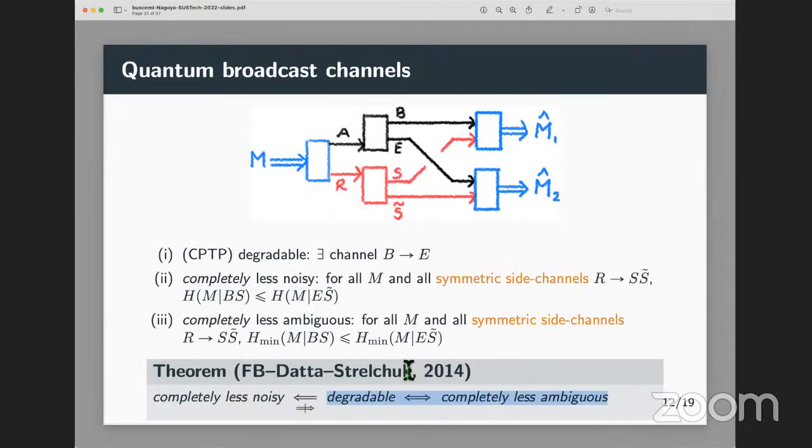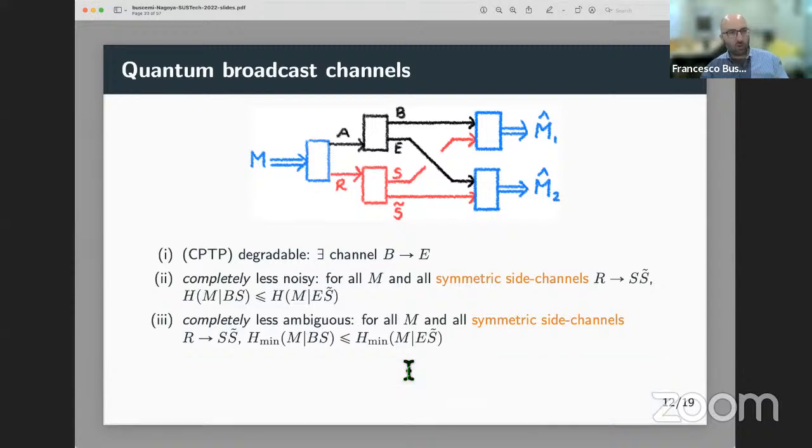Sorry, I have a question. I think in the quantum setting, Shun Watanabe considered a similar problem, but he did not consider completely less noisy. He considered the relationship with less noisy and degradable, I think. Yes, he has a bit different definitions for less noisy. If you check, this is closer to the original definition of Körner and Marton.